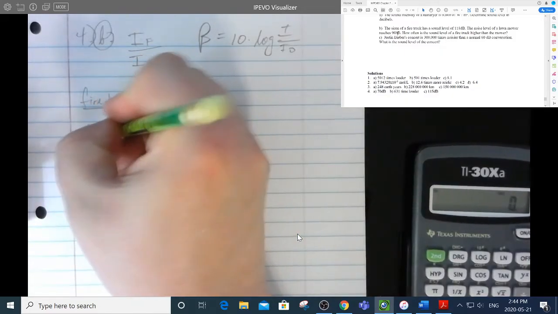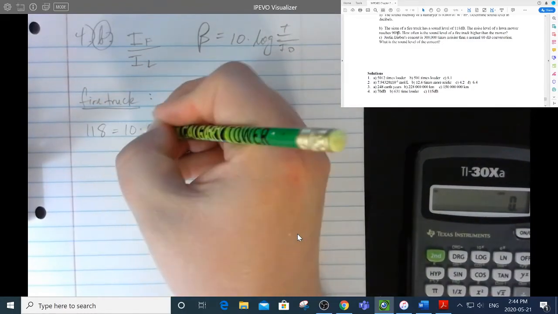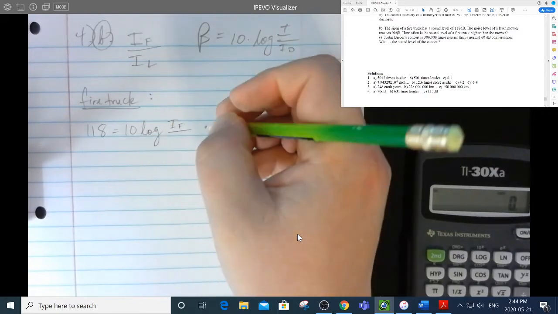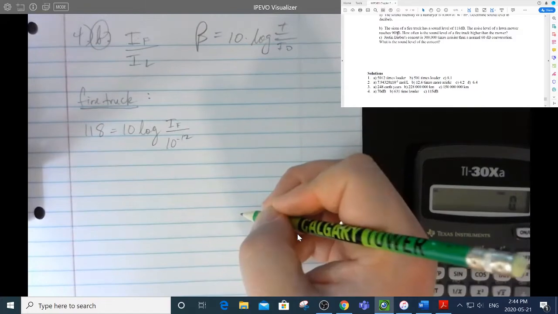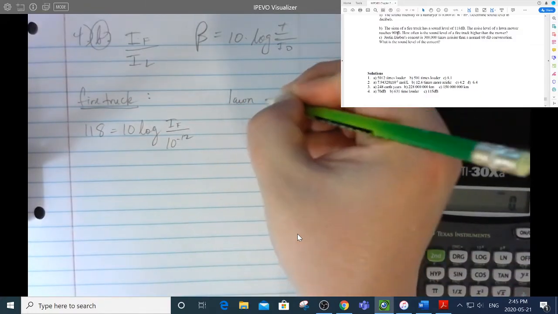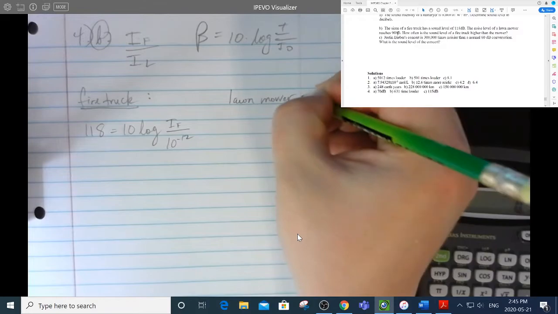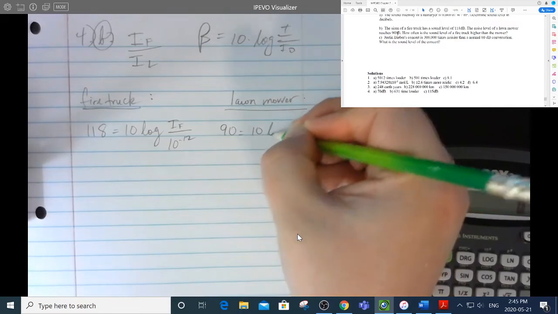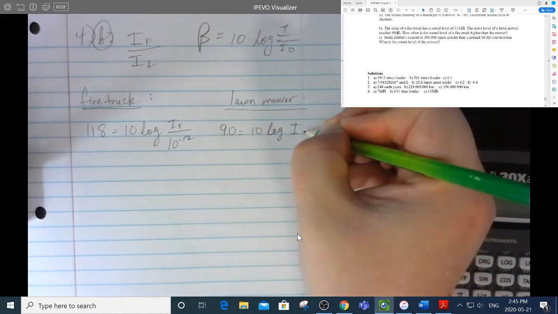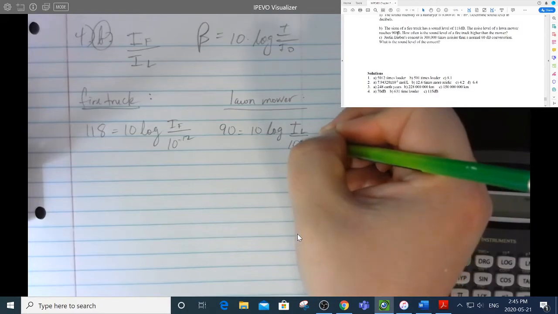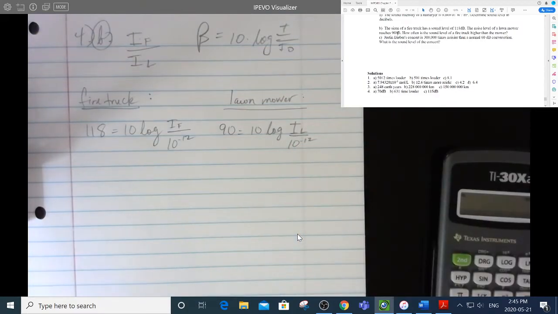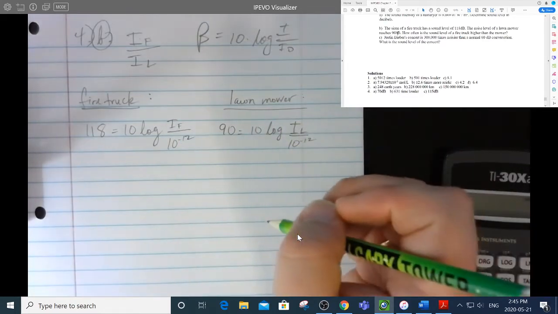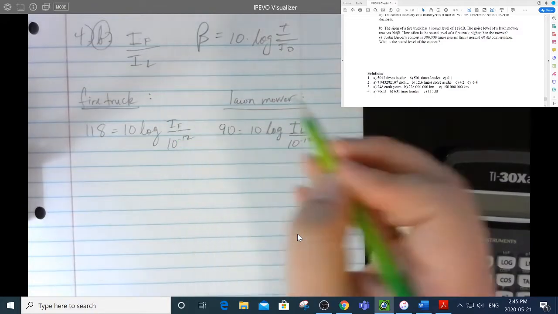So 118 is equal to 10 times the log of I of the Firetruck over 10 to the negative 12. And for the lawnmower, it is 90 decibels is equal to 10 times the log of the intensity of the lawnmower, L, over my threshold of human hearing. So I need to get a ratio of this number divided by that number. So I need to isolate for this number and isolate for that number.